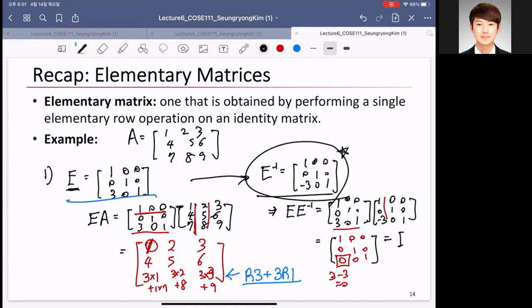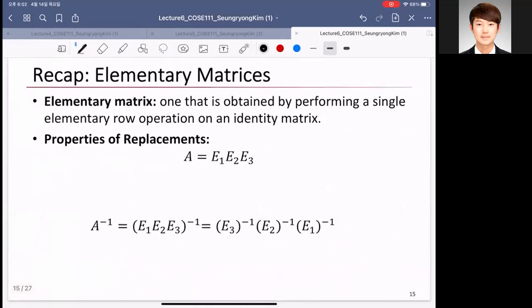Question. One more interesting property of the replacement operation is that, let's suppose we apply sequential replacement operations, maybe E1, E2, and E3, defined like this, with 1s on the diagonal and 2, 3, 4 in the first column below the diagonal, the remaining parts being 0.